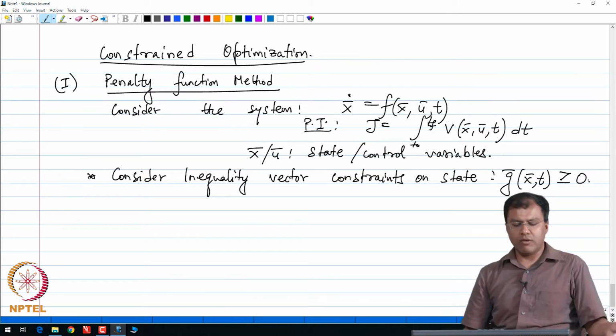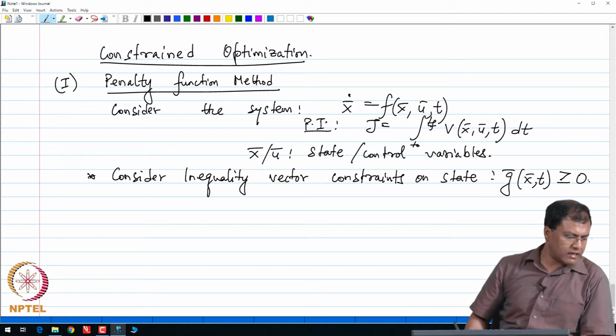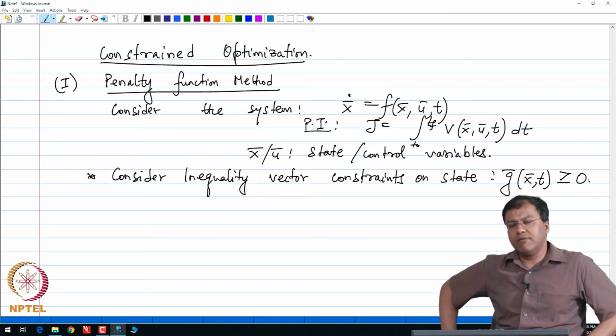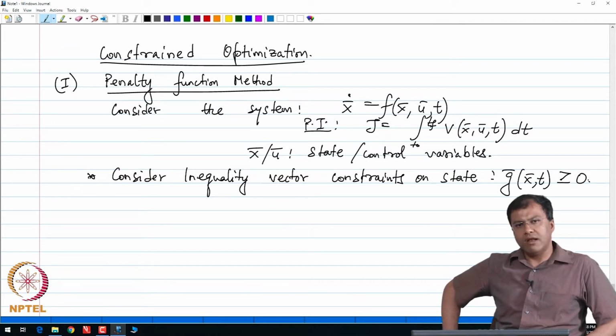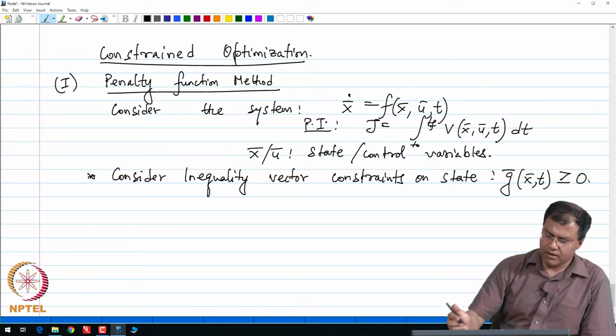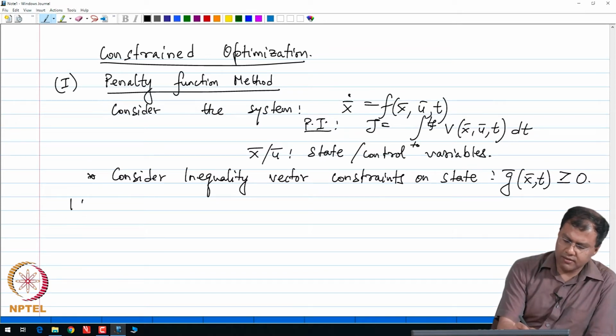So, to deal with these inequality vector constraints, I am going to introduce a new state variable, let us say x n plus 1.